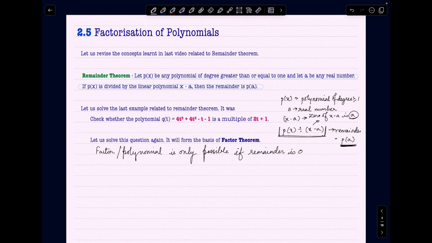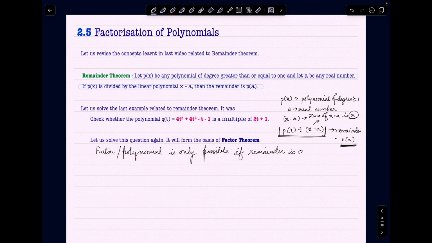If the remainder is not 0, we cannot say that the divisor and the dividend are factors of the polynomial.